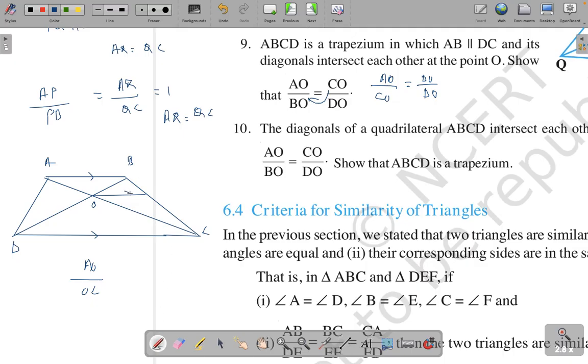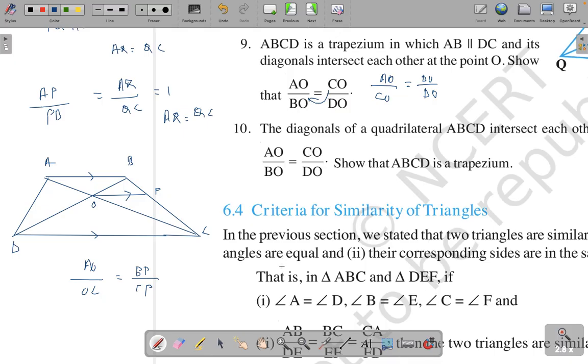Let this be O, let this be P. Now in triangle ABC, AB is parallel to OP, so AO upon CO should be equal to BP upon CP.